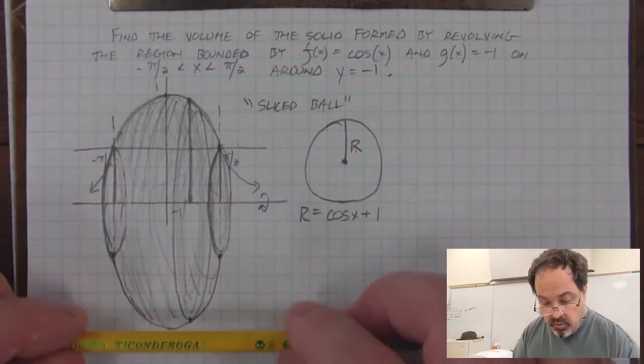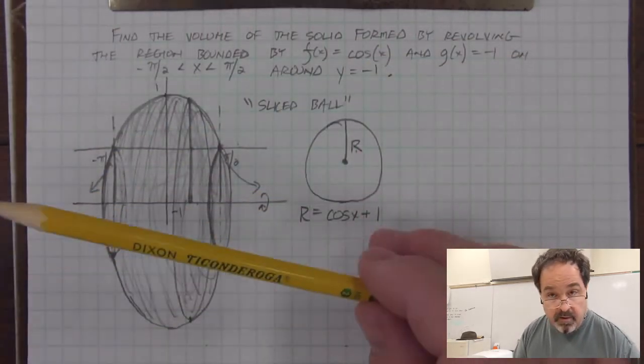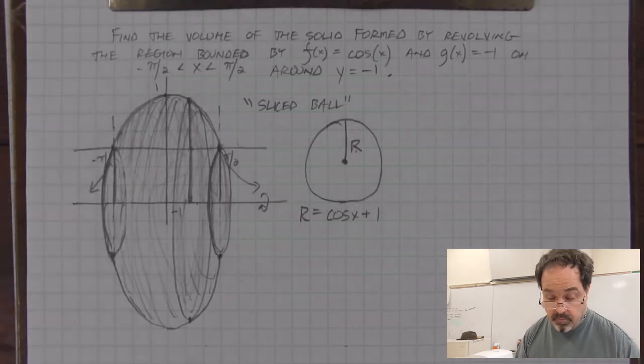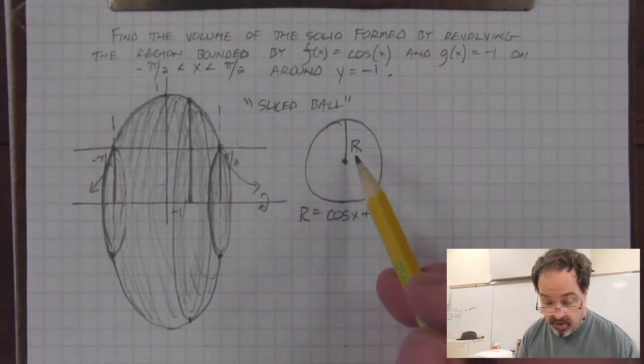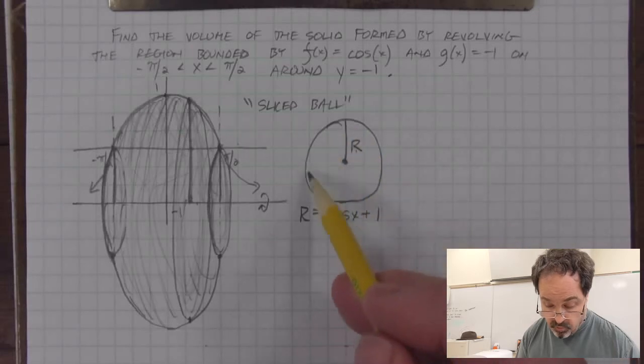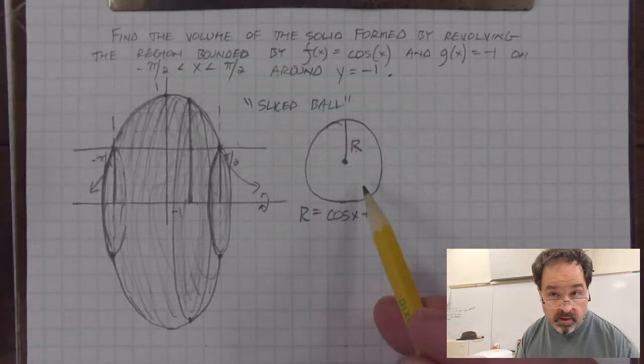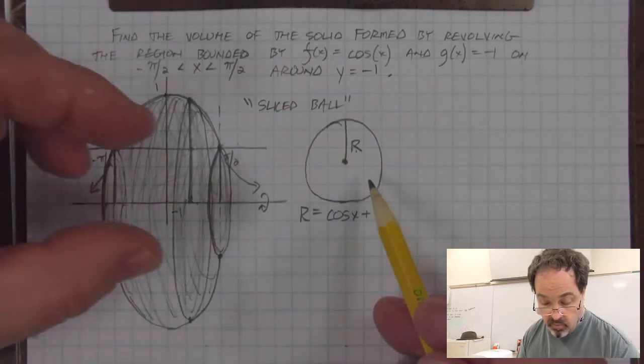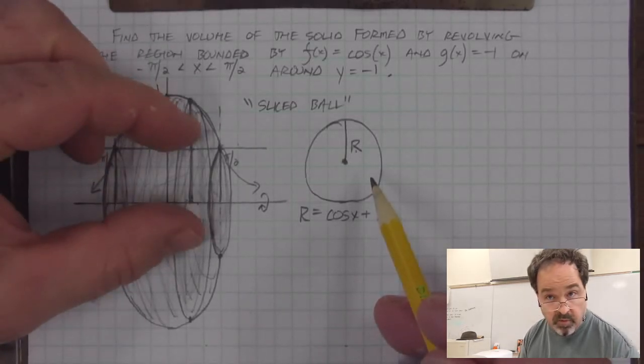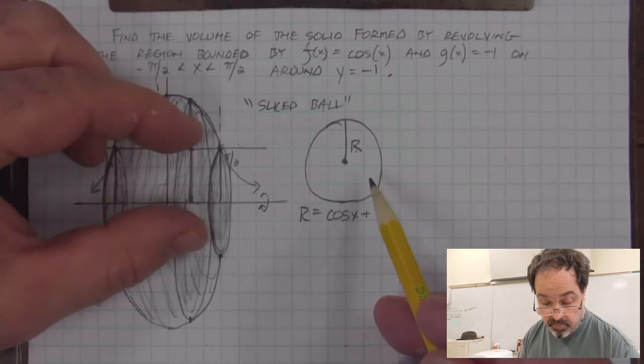No matter where you put the line of rotation, it's just going to include some extra thought about how to find the correct radius to create the correct geometry of the representative slice. In this case, we had to add this space to the radius of plus 1.